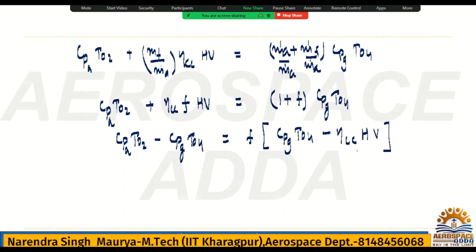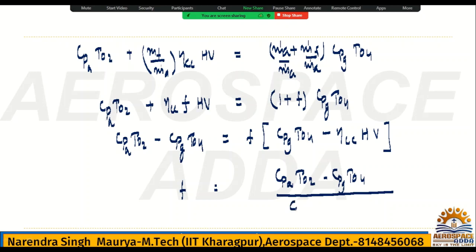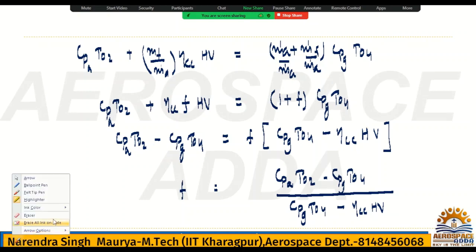Check if I am not wrong. So what is small f? Small f is nothing but Cp of air T naught 2 minus Cp of gas T naught 4, divided by Cp of gas T naught 4 minus eta cc into heat value. This is the fuel to air ratio.